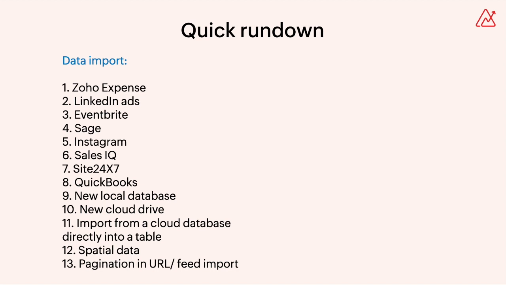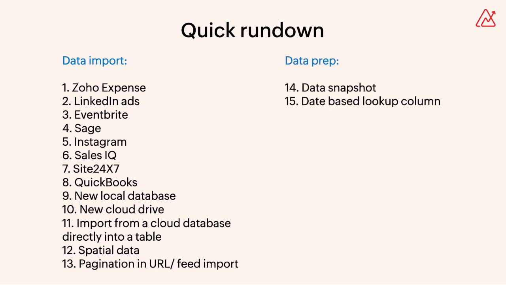You can import your data from a cloud database directly into a table. Zoho Analytics now supports your custom built spatial data. The pagination and URL or feed import helps you import your data easily if it's spread across multiple pages and if you're trying to get your data through the API route.